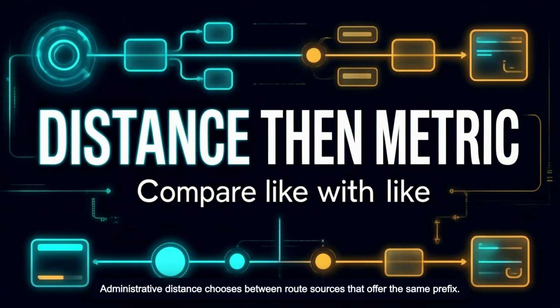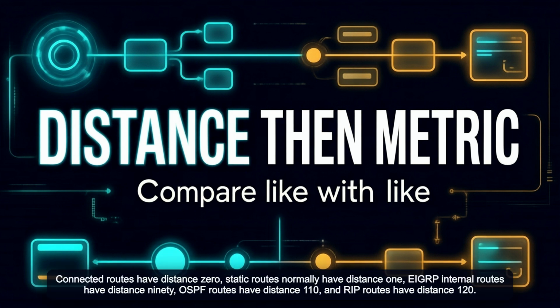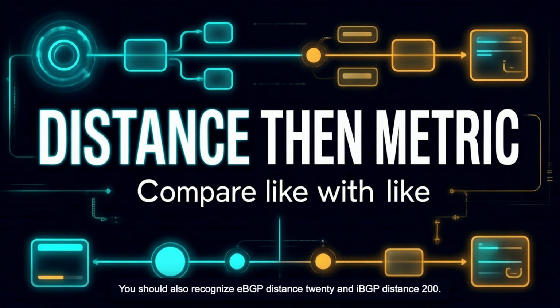Administrative distance chooses between route sources that offer the same prefix. Connected routes have distance 0. Static routes normally have distance 1. EIGRP internal routes have distance 90. OSPF routes have distance 110, and RIP routes have distance 120. You should also recognize eBGP, distance 20, and iBGP, distance 200.